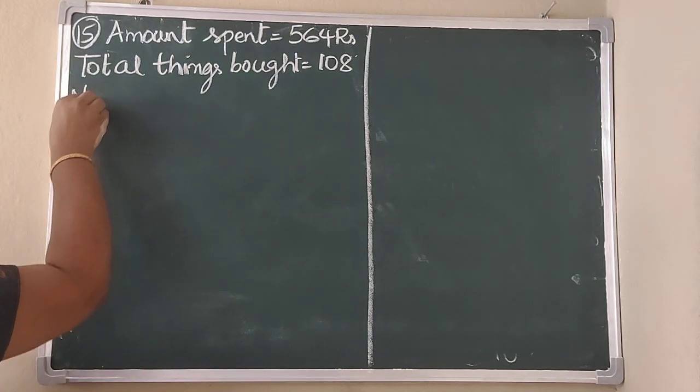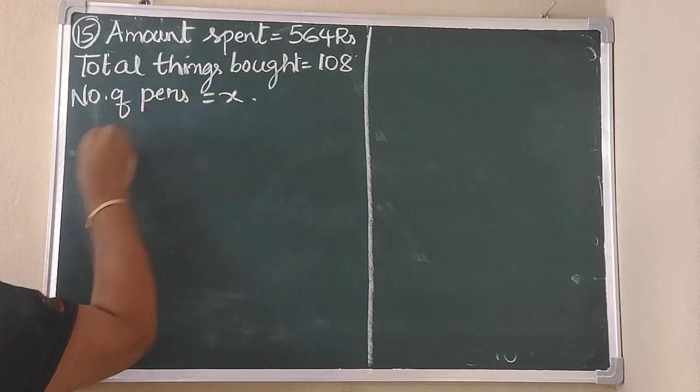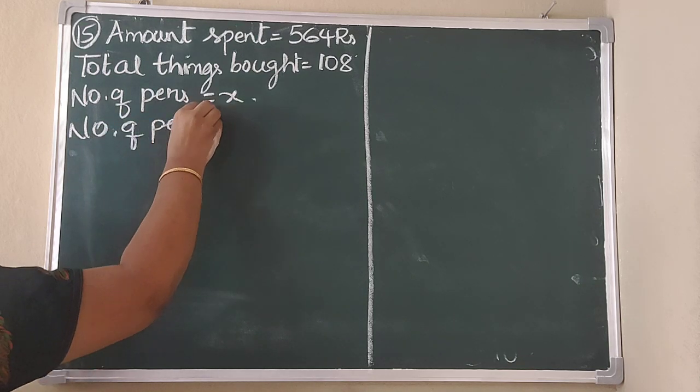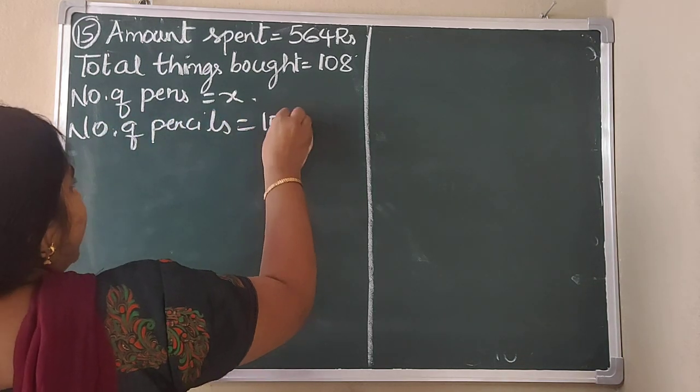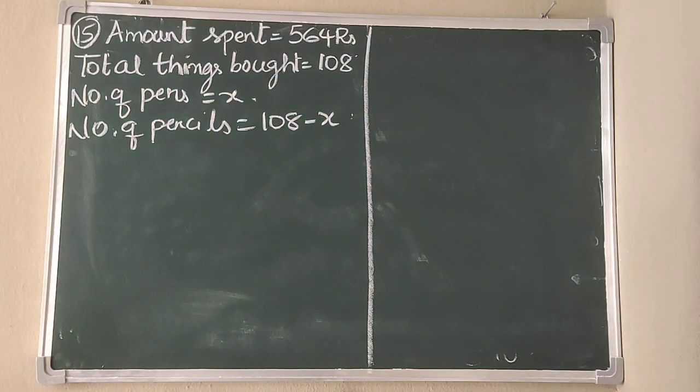So I am taking the number of pens as x, and the number of pencils as 108 minus x, because the total things are 108.